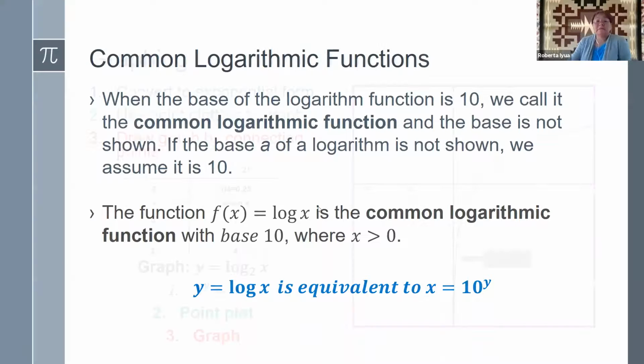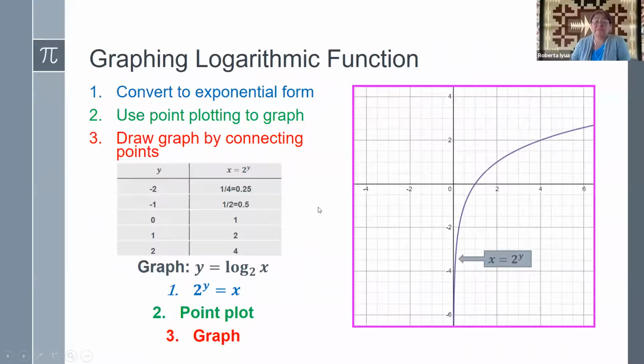Here is an example of how to graph a logarithmic function. It is the same as the exponential form, so you're going to convert it to exponential form. Then you're going to plot points, and then graph by connecting the points.